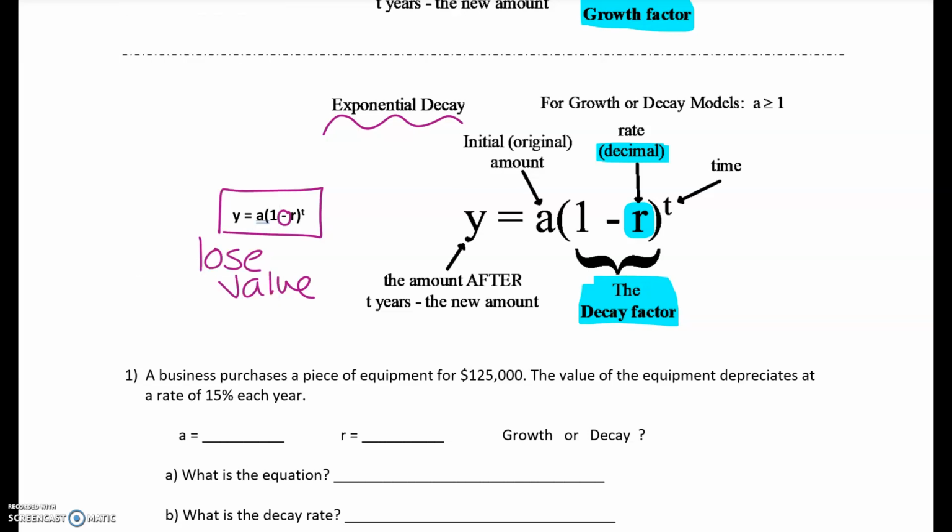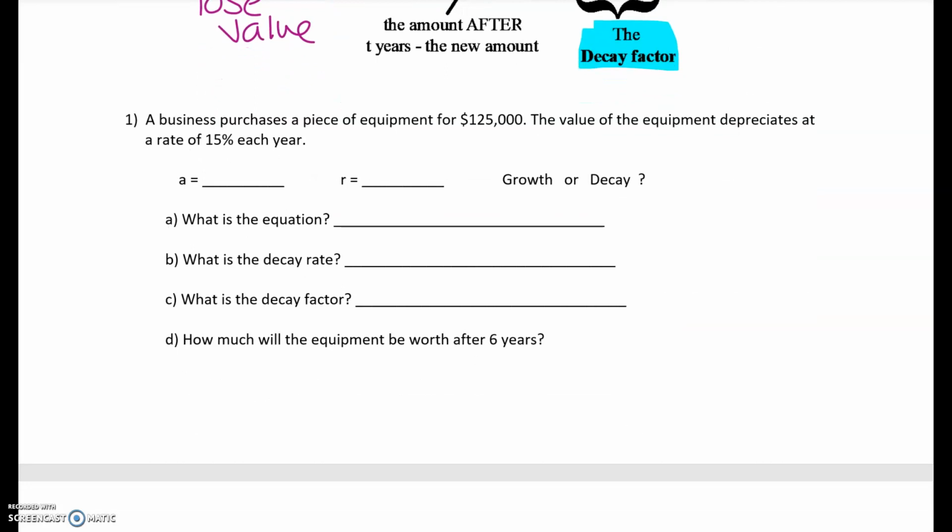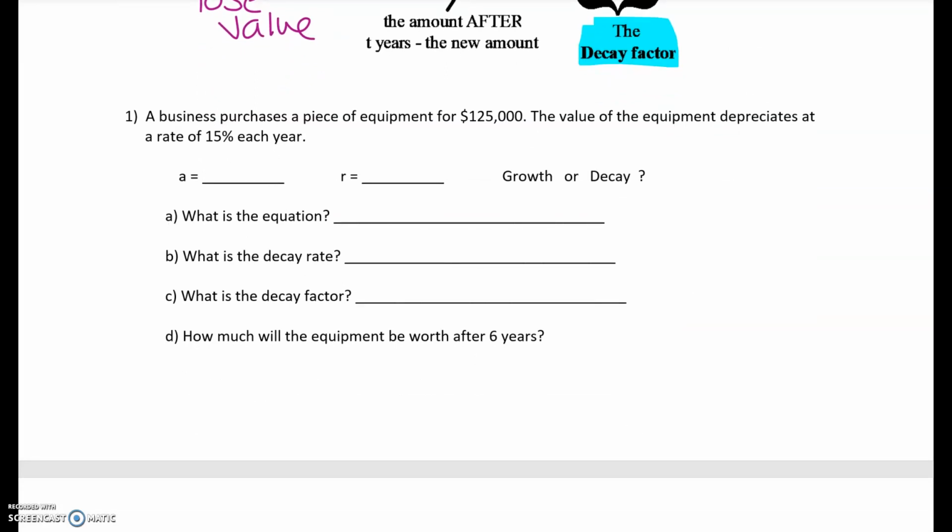All right, so let's look at just one basic, simple problem here. It says a business purchases a piece of equipment for $125,000. The value of the equipment depreciates at a rate of 15% each year. I underline that word depreciate because that should tell us, is this going to be exponential growth or decay?